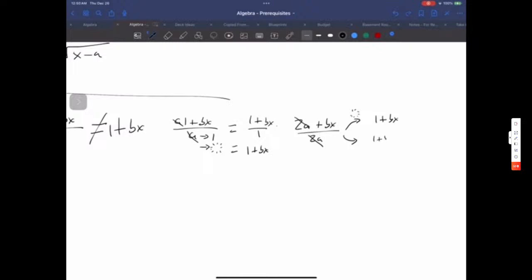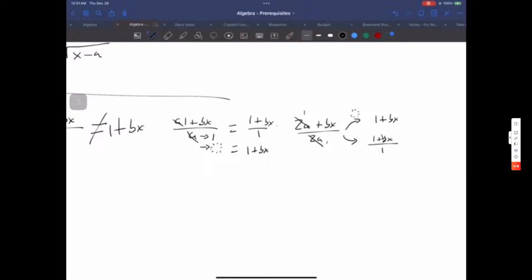I guess it ends up being the same thing. It ends up being a 1, and so you have a 1 here and a 1 here because they cancel out. I guess there's no other way it would cancel out.